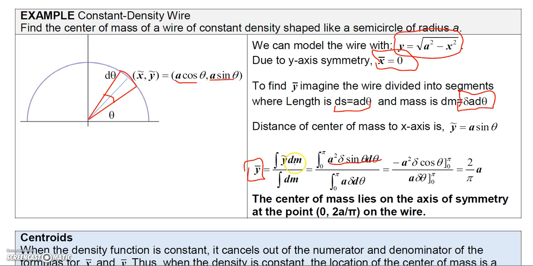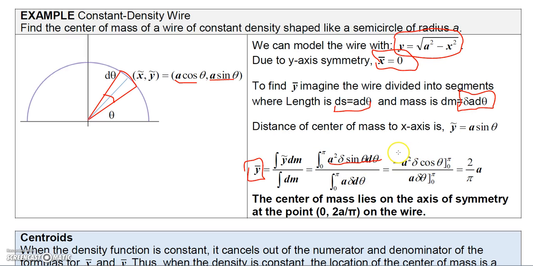So finally, we put all that together. Now that we know y tilde is a sine theta, we multiply it by the dm I had up here, which is the density function times a d theta, and we get a squared times the density function sine theta d theta. And then down here, we're going to integrate the dm, and we'll get the integral of a times the density function d theta.